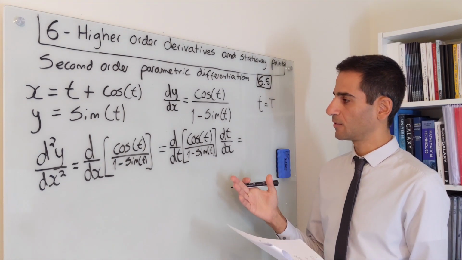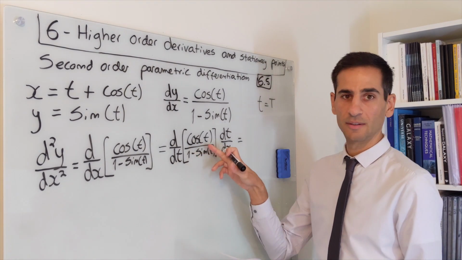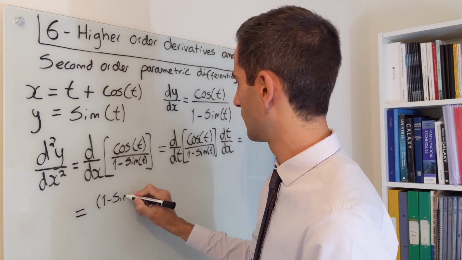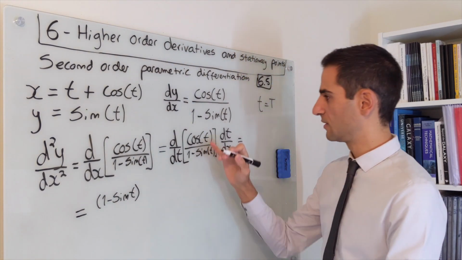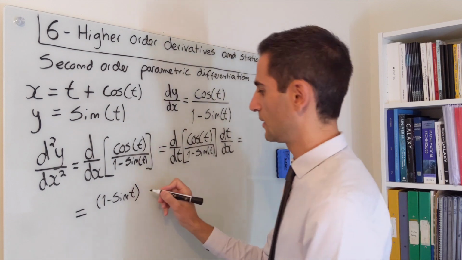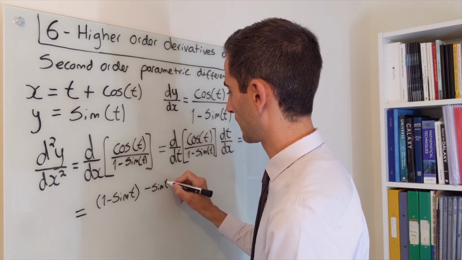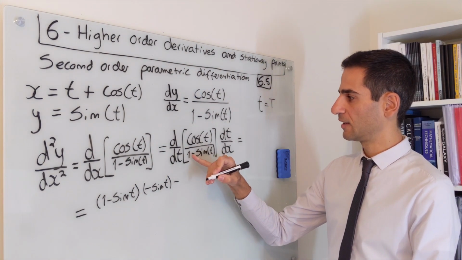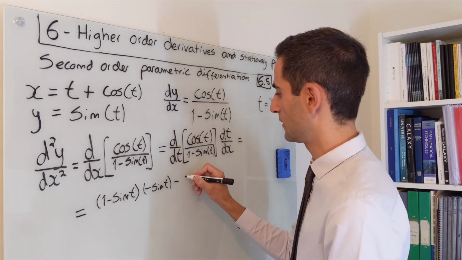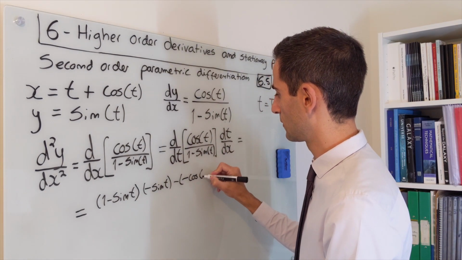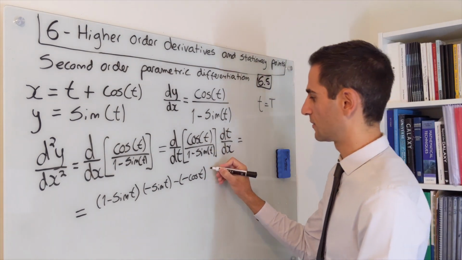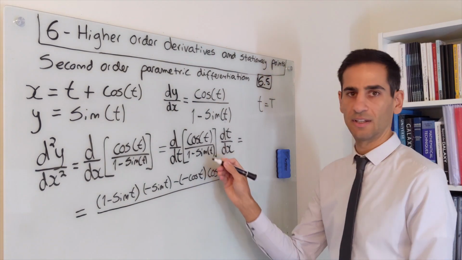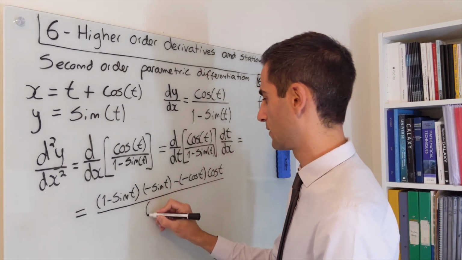If we do that, quotient rule tells us that we get the denominator, that's 1 minus sine t, times the derivative of the numerator, that's minus sine t, and then minus the derivative of the denominator, that will be minus cos of t, times cos of t. And we're dividing everything by the denominator squared.